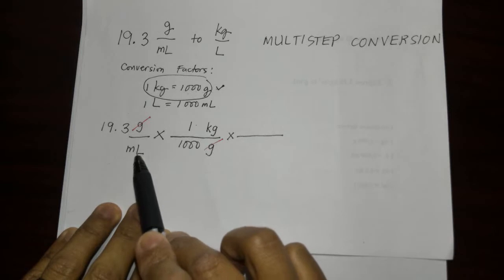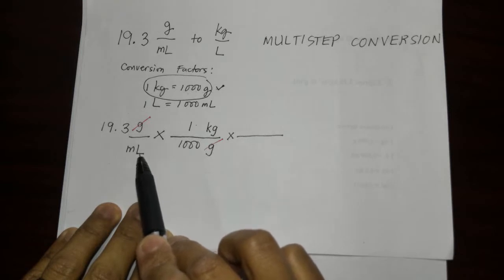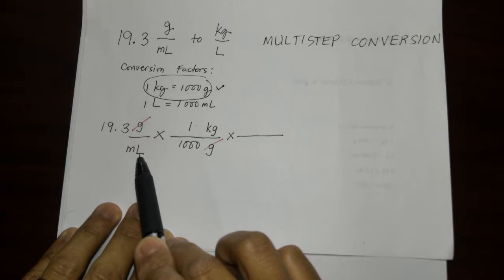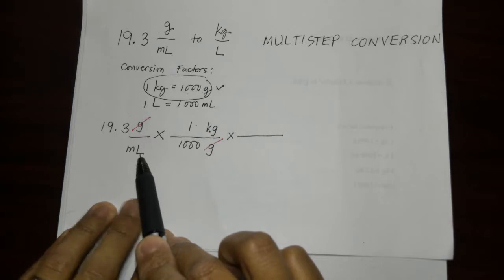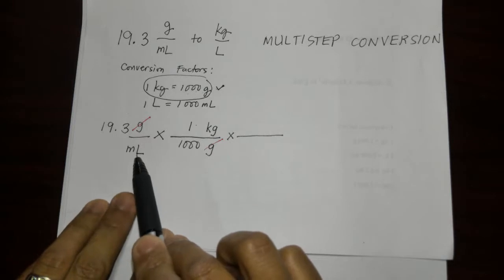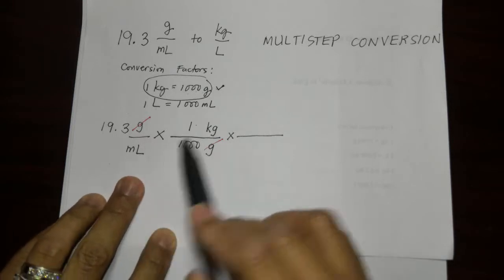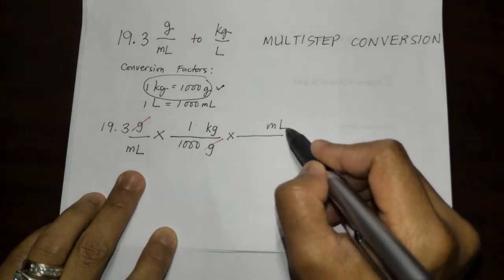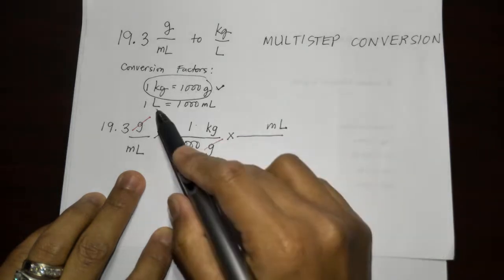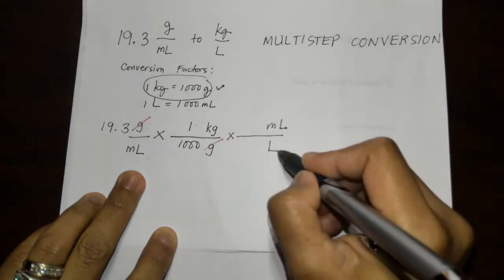Ask yourself, where is my ml in my given? Is it at the top or at the denominator? It is at the denominator, bottom. For me to cancel out something at the bottom, I have to have another counterpart which is on top. So ml should be on top here, while the partner liter will be below.